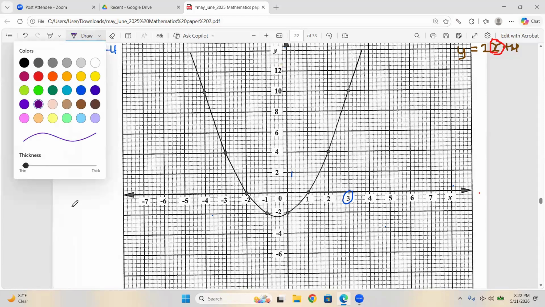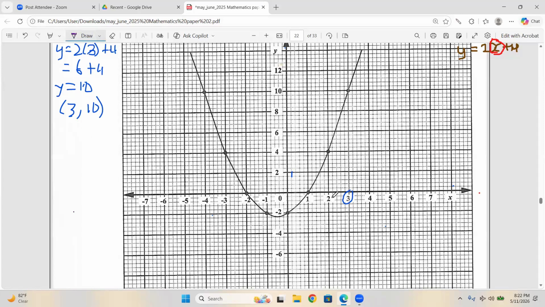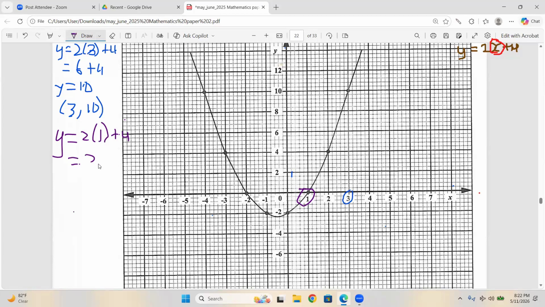I'm using another random x value. I don't know exactly where this graph would fall, but I could probably use another positive x value. So this time I'm using x as 1, using the same equation. y is equal to 2, replacing x this time with 1, and we add in 4 to get the y coordinate of that point when x is 1. So 2 by 1 is 2, add 4 is 6.